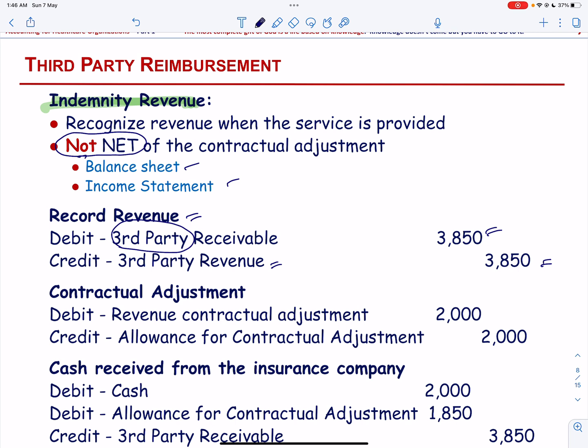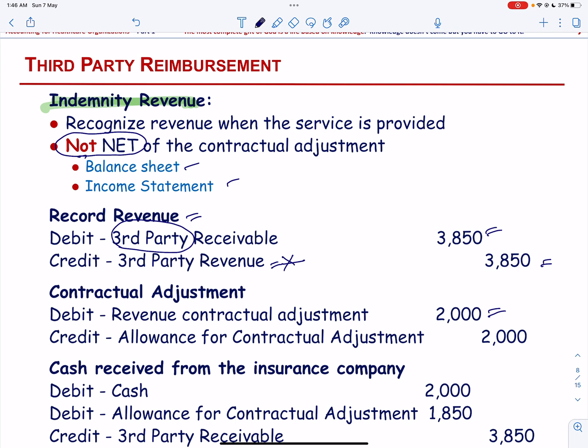Next, we are going to record the contractual adjustment, and this is a contra revenue account. You can see that the revenue contractual adjustment, a contra to the third party revenue, is debited by 2,000, and we are going to credit the allowance for 2,000 also.